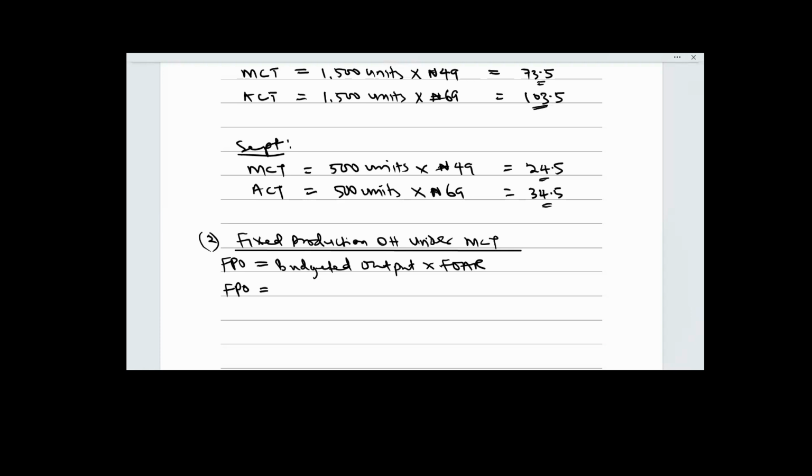Yes, 16,000. You are told in the question that normal output is 16,000 units per annum. Your normal output is your budgeted output or normal capacity level.